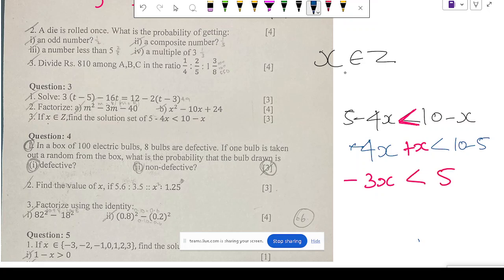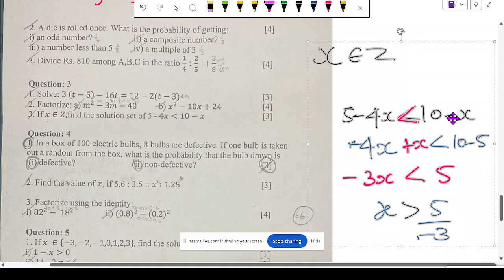Next. X is greater than 5 by minus 3. Why greater than? Because we are dividing by the negative value. This becomes greater, right? Yes, sir. Okay. So 5 divided by 3.